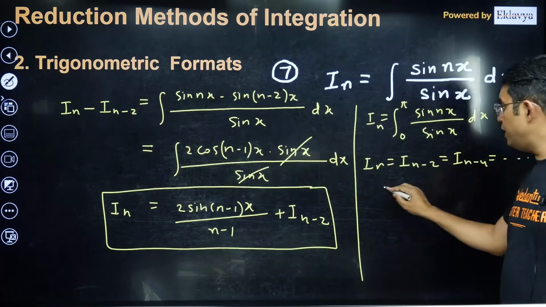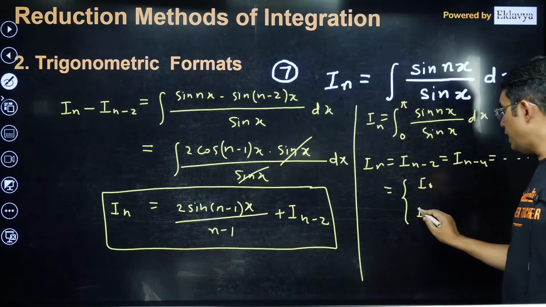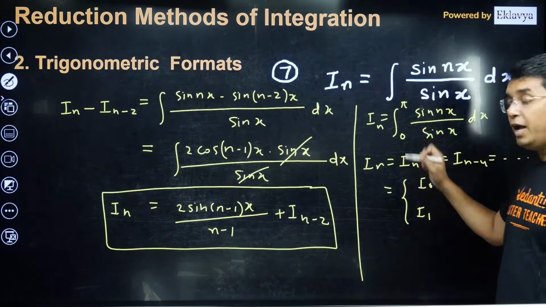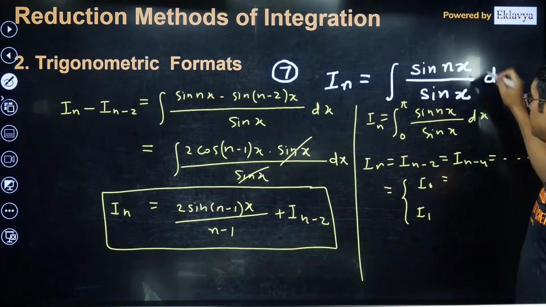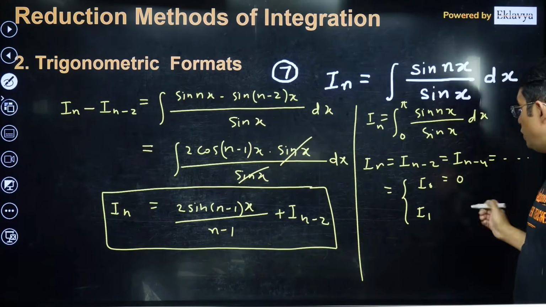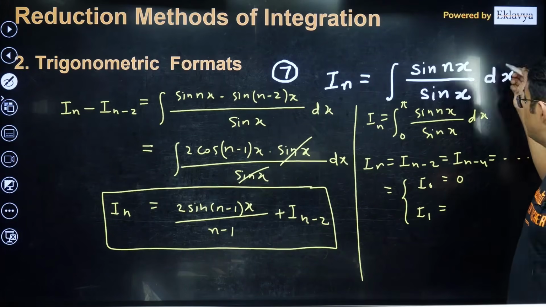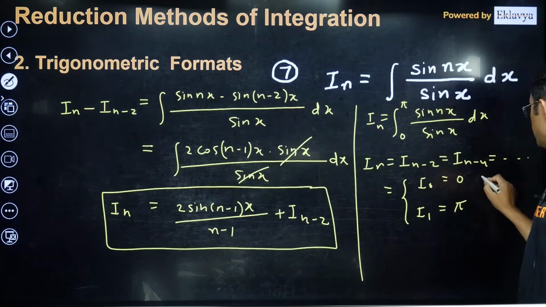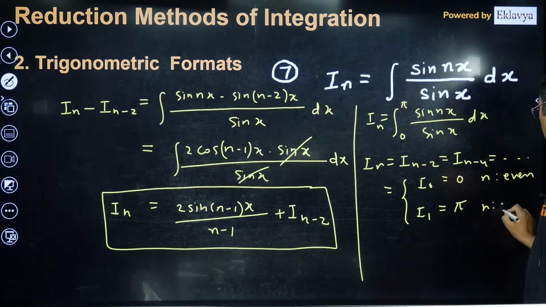Now this I n will end either at I naught or at I1, depending on n. If n is even, then I naught, and I naught you can see will be just 0, because I naught means the integral of 0 dx, so 0. For I1, if you take n as 1, it will be sine x upon sine x, so 1, so it will be pi. So this is when n is even, and this is when n is odd.